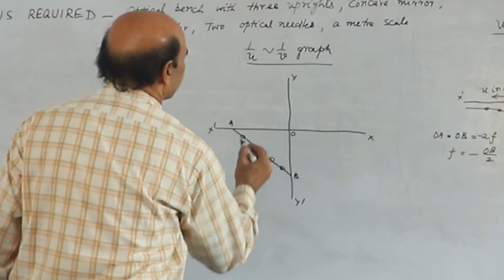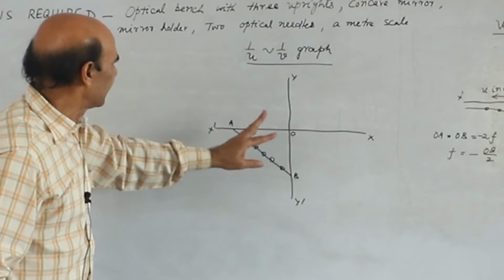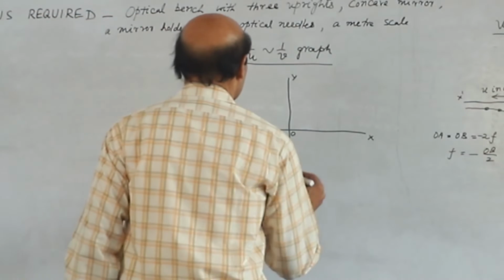Here this is the 1 by U versus 1 by V graph.